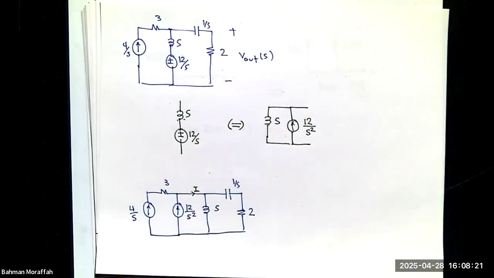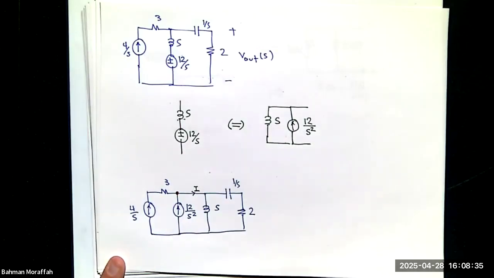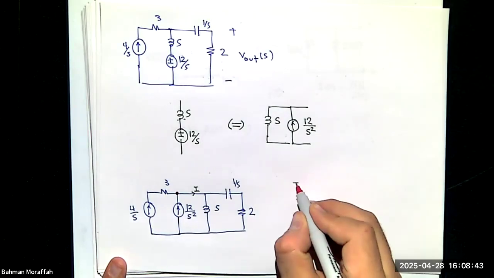What is this I? I can write a KCL at this top node, right? I can write a KCL at this point and get I. Can I? So what is I then?